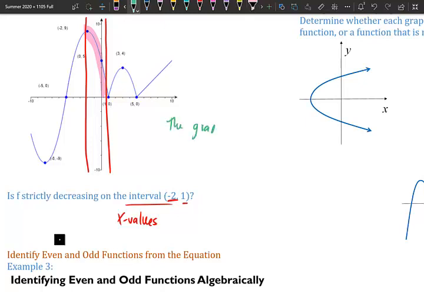So since the graph is going down, are we decreasing? Yes, we are. That's the answer. Remember, intervals, that implies x values.